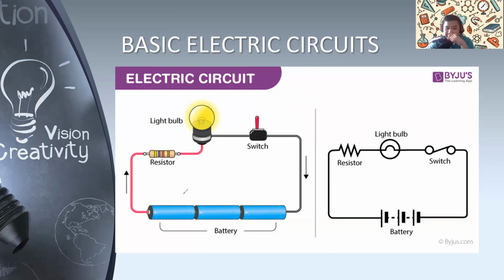Positives and negatives. Finally, we have the light bulb, or what the electricity is used for. In this illustration, we use electricity to light up a light bulb.